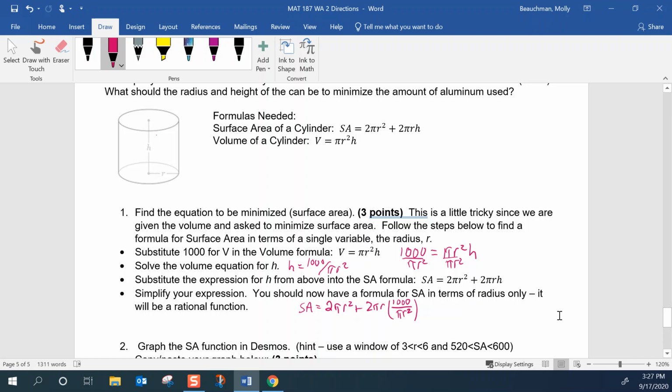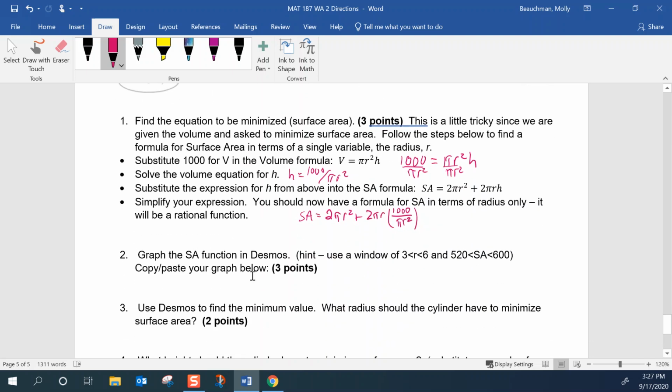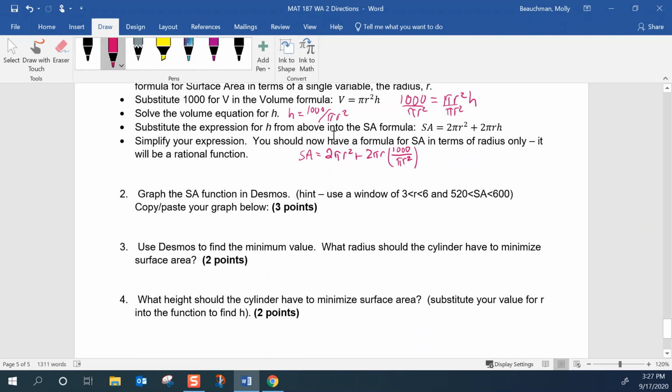Your pi's will cancel, your r's will cancel. Then you're going to graph this in Desmos, and a hint, use the window provided, copy and paste your graph, and then use Desmos to find the minimum value. Once you find the radius, answer the question, what radius should the cylinder have to minimize the surface area? And then substitute it in your height formula to figure out what height the cylinder should be to minimize surface area.